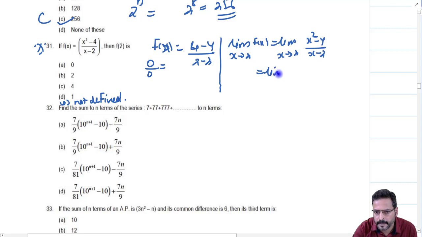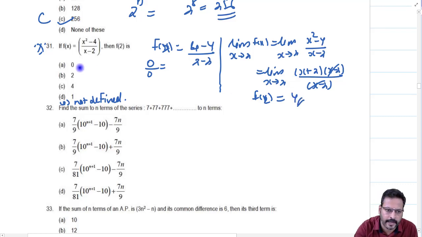This can be written as limit x tends to 2, a square minus b square can be written as (a plus b) into (a minus b). x minus 2 gets cancelled. So f(2) can be written as 2 plus 2, 4. Actually the answer is not defined, but if you use this property of limit, we can write it down as 4.